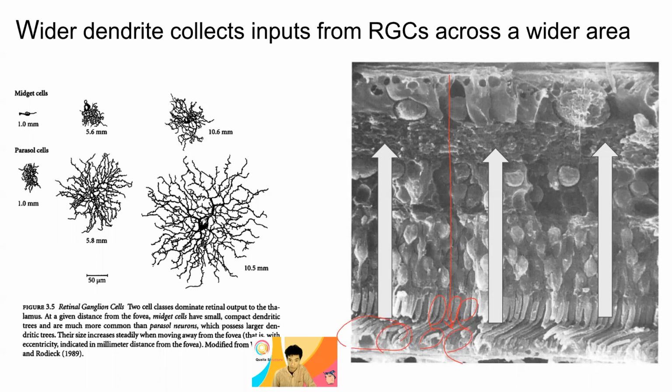Okay, photoreceptors. And then this information gets propagated through retinal cells called bipolar cells and amacrine cells and so on, almost vertically, like here.